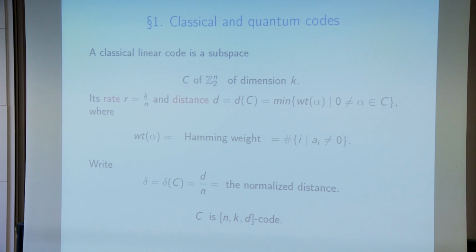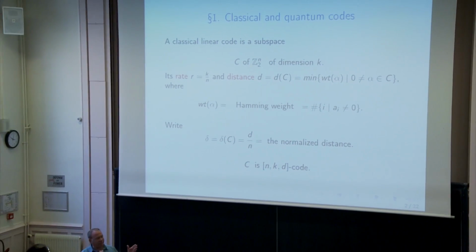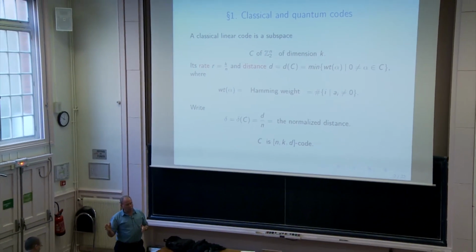I guess everyone knows a little bit about that. You want to send a message of length k, and somehow there might be some mistakes along the way. So instead of sending a vector of length k, you send a vector of length n, and we are talking about a linear transformation from k to n.